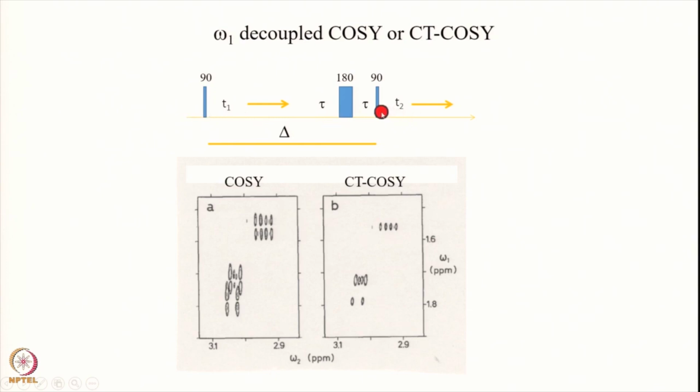What is the consequence? The consequence is that the J evolution that happens all the way from here to here is not dependent on T1 at all. So J evolution is not dependent on T1.